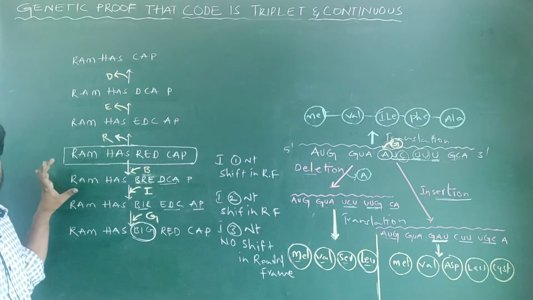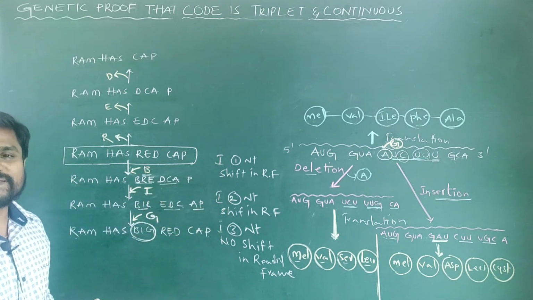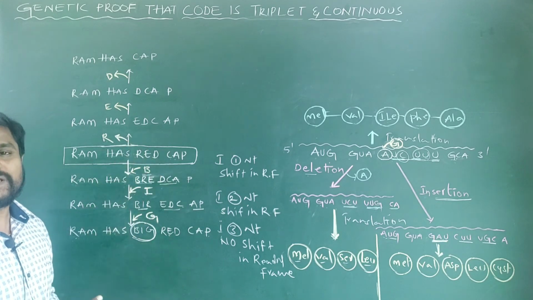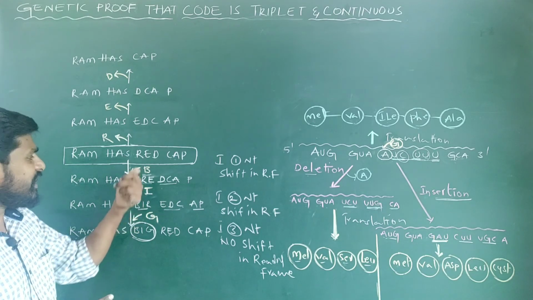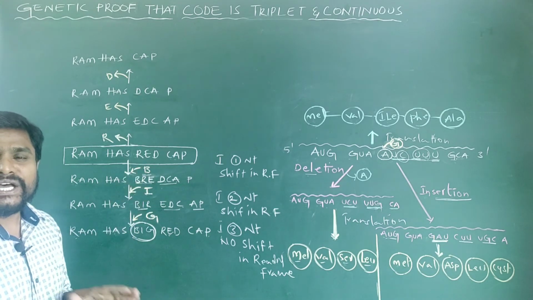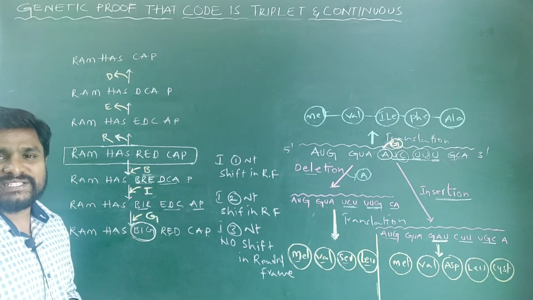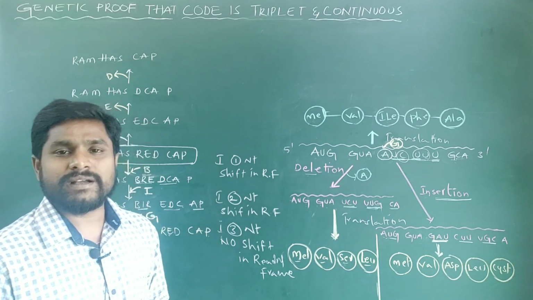In the first 2 cases, the insertion of 1 nucleotide and the insertion of 2 nucleotides resulted in a shift in reading frame from the point of insertion. But in the third case, the insertion of 3 nucleotides does not result in a shift in reading frame, which concludes that the code is a triplet and the code is continuous.